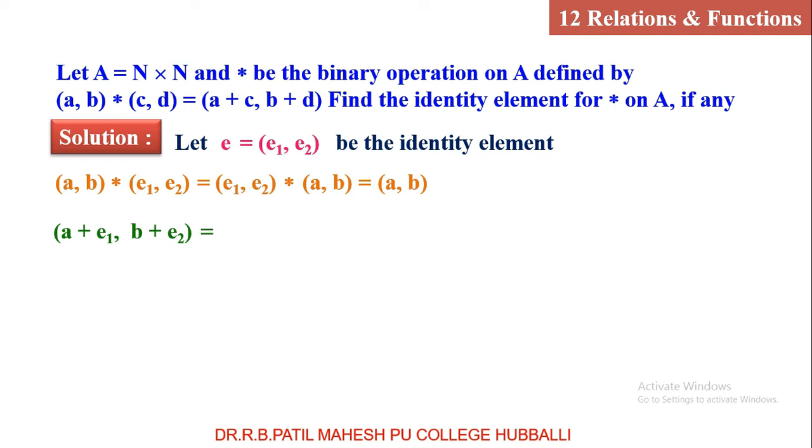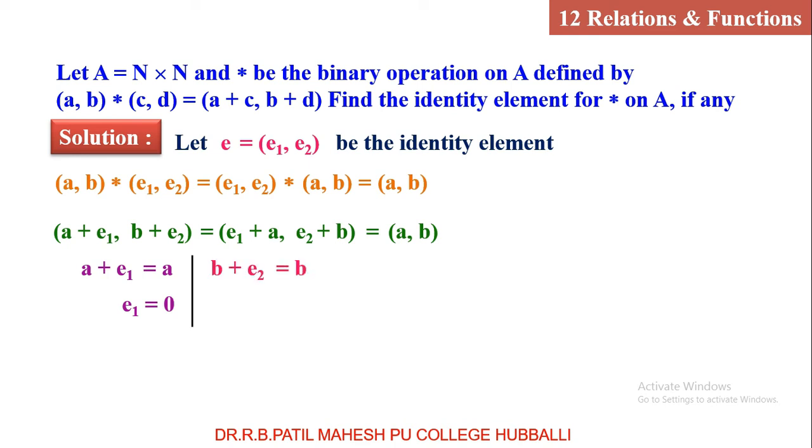Here you can add the first elements and second elements, so that (e1 plus a, e2 plus b) is equal to (a, b). Among these two ordered pairs, write any one. So first, a plus e1 is equal to a. Solve for e1, that is 0. Then b plus e2 equal to b. Solve for e2: b and b get cancelled, e2 equal to 0.